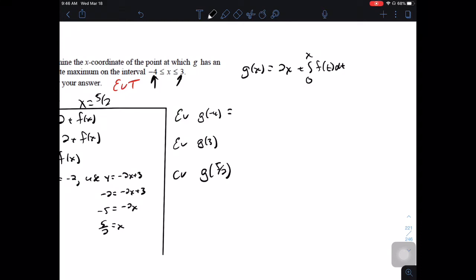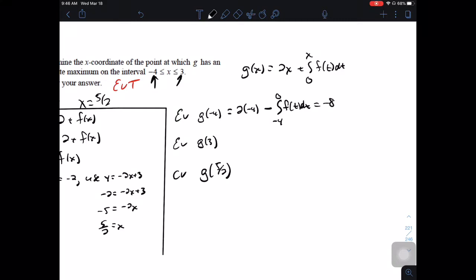So g of negative 4, that's going to be 2 times negative 4. I'm just going to go ahead and flip this around right now, make this a minus, going from negative 4 to 0 of f of t with respect to t.